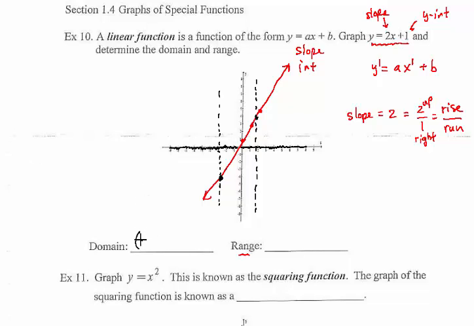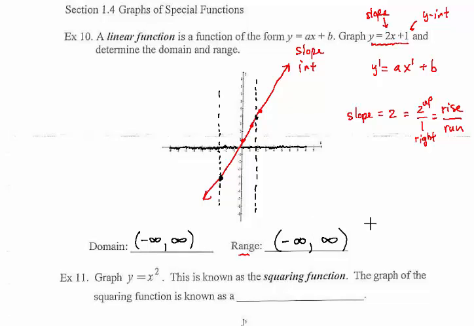And for a linear function, it turns out that we can put any number that we want in the place of x. This linear function continues to infinity to the right and to the left. Likewise, a linear function shadows or covers the entire y-axis.